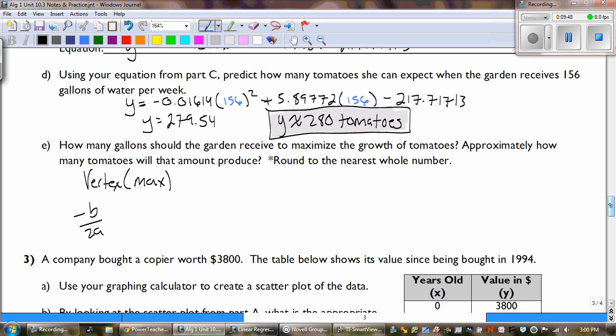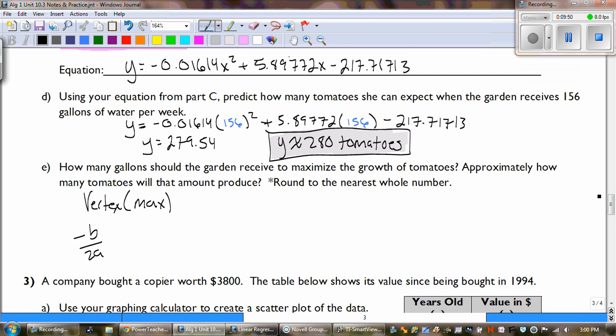So the opposite of b is negative 5.89772, all divided by 2 times negative 0.01614. Okay, and let's see what we get there.